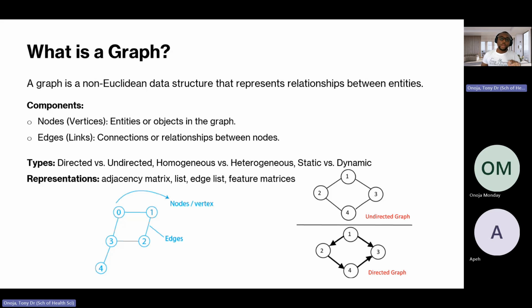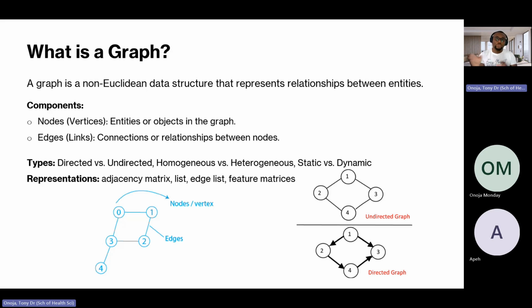Now, when you look at this figure here, you will see that the nodes are the round figures with the numbers 0, 1, 2, 3, and 4. The edges are the ones that connect them. From the ordinal way of viewing numbers 0, 1, 2, 3, because they are ordered, once you are moving from 0, you move to 1.